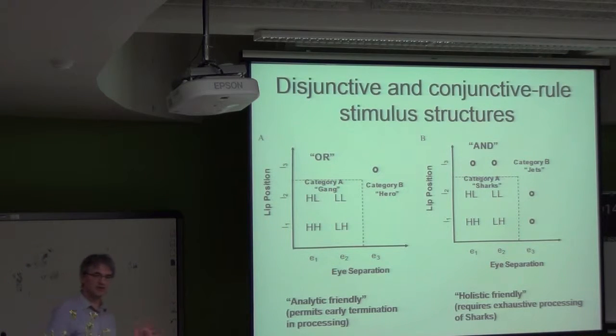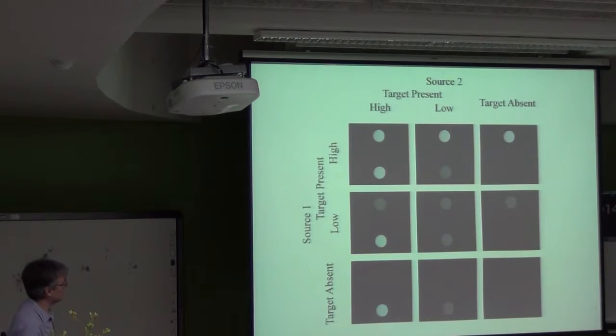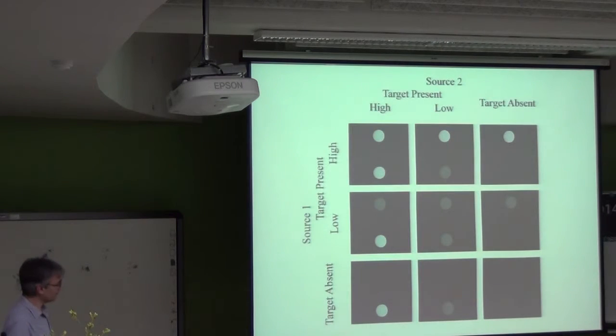All right, so I showed you these disjunctive and conjunctive stimulus rule categories. They probably give rise to analytic processes or holistic processes. We don't know what kind of processes we're actually going to see there. Here's another way to look at it, a design that Joe showed yesterday, which has binary values of saliency of dots.